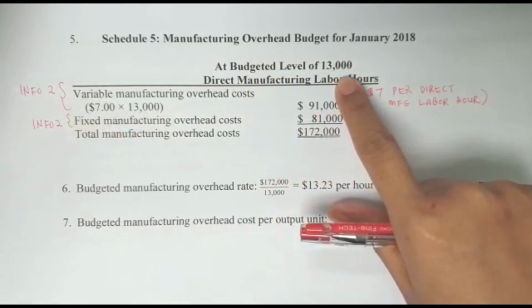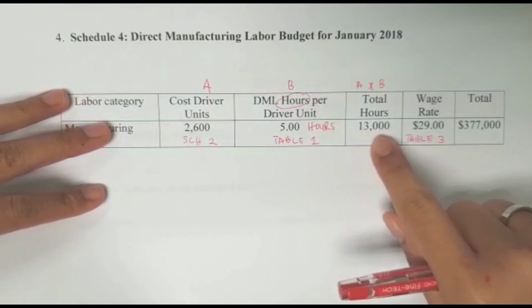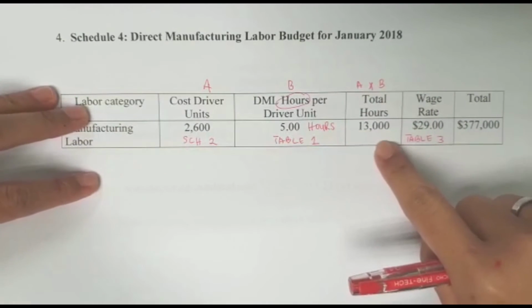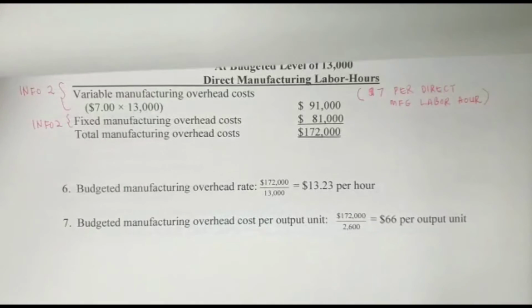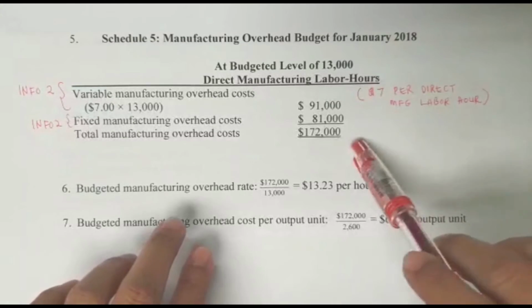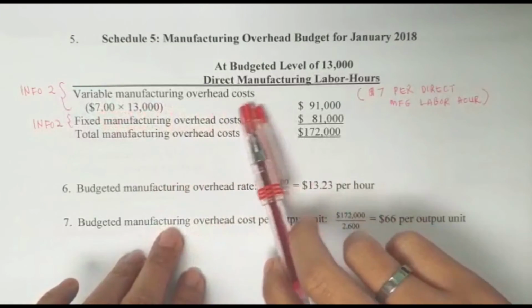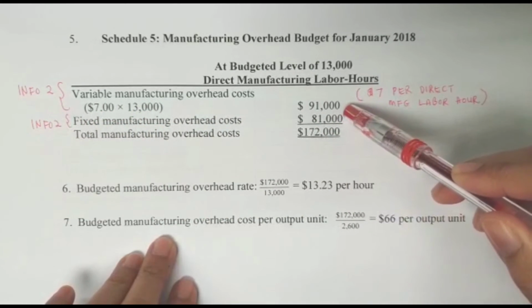If you ask where this 13,000 comes from, it is basically from the total hours from schedule 4, because this is the requirement or the information given by the question, so we have to follow. All right, the variable manufacturing overhead cost, 7 times 13,000, we will get 91,000.